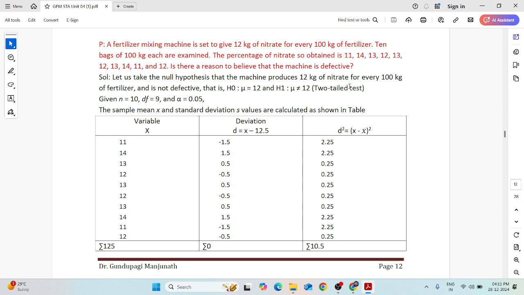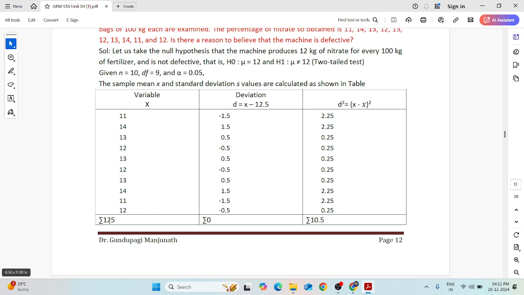What are the variables that were obtained? 11, 14. So here variables we have taken. I have calculated the mean because mean is not available, and I am checking the deviation.